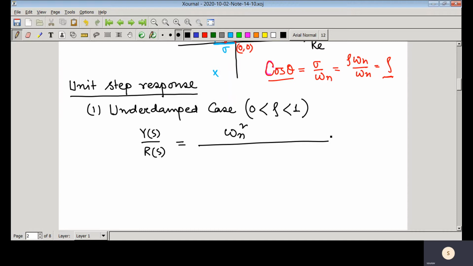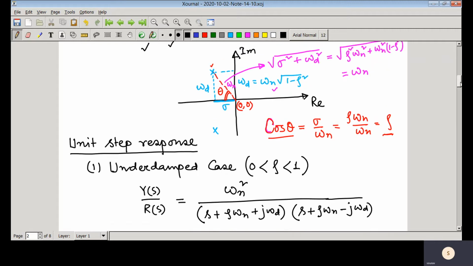I will write the denominator in factor form, and we have seen that it has two poles: s plus zeta omega n plus j omega d, and s plus zeta omega n minus j omega d.